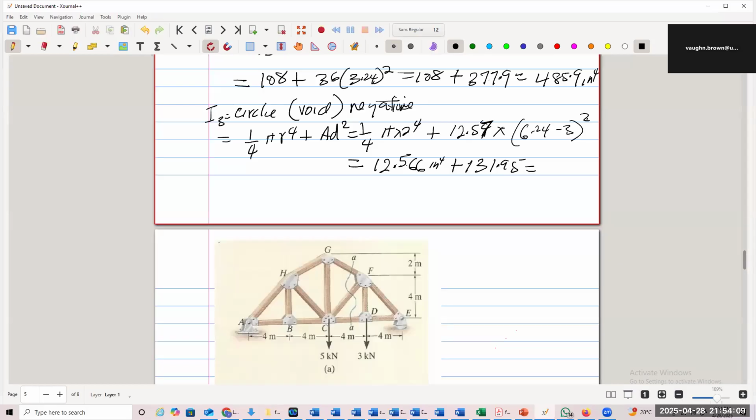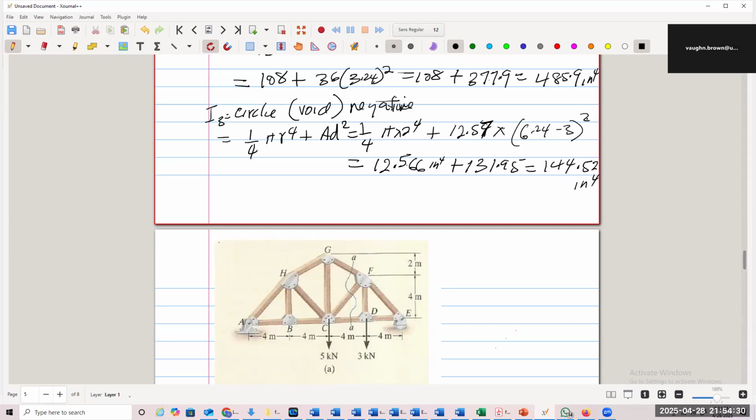And when you add all of that together to 12.566, you're gonna get 144.52, and that is inches to the 4th power.